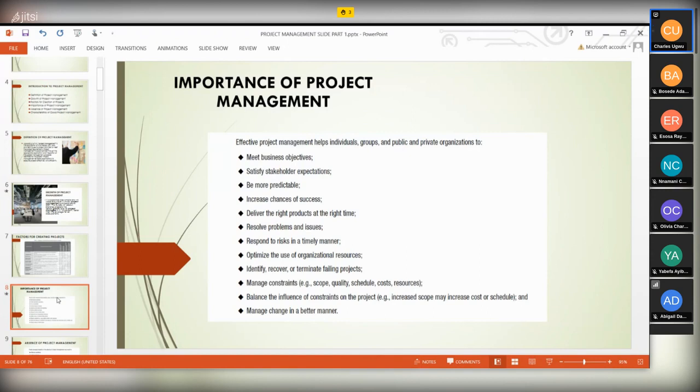But what happened is Nokia's time to market, we call it time to market. In agile methodology, it's called time to market. Time to market is when you plan your project so that your product will be in the market at the right time.